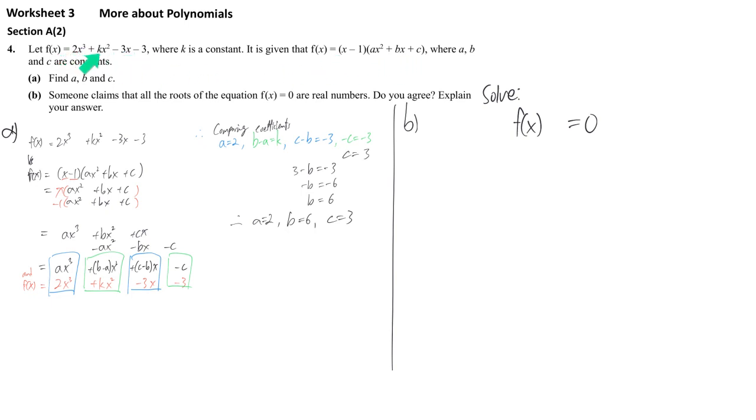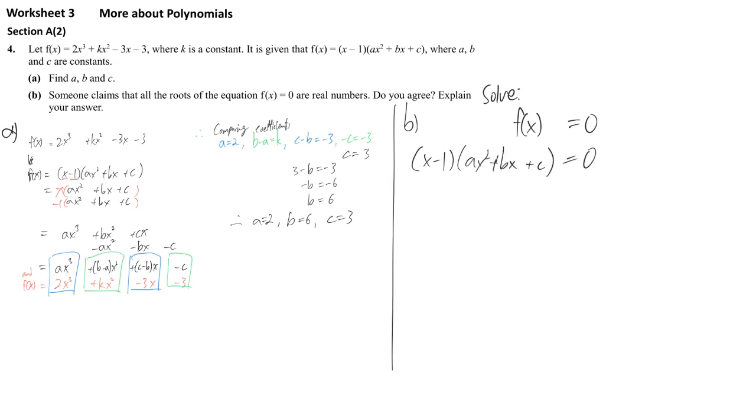Which one is more favorable to solve the equation? Of course, the factorized format is much better for us to solve the cubic polynomial. And one of the very important hints is that a, b, c is asked, but we don't care about k, so the other is not our good choice. We will choose this one: (x minus 1)(ax^2 plus bx plus c).